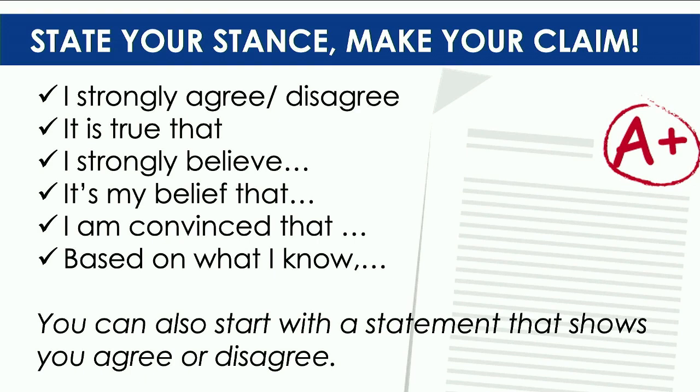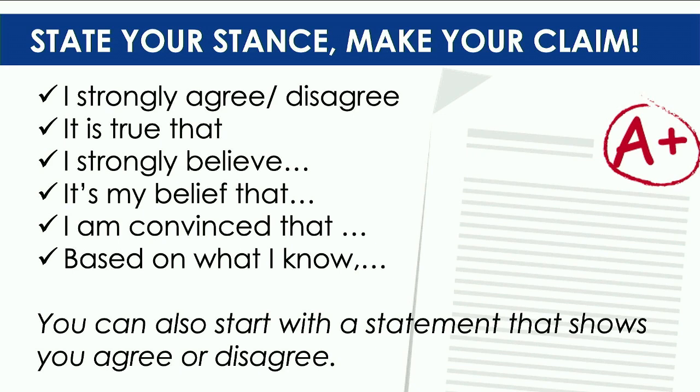So, how do you state your stance, make your claim, agree or disagree with the argument in your thesis statement? You can use transition words like, I strongly agree or disagree. It is true that e-learning is good, okay. Or you can use, I strongly believe that e-learning is good and practical.